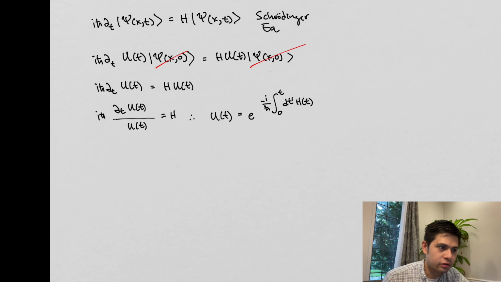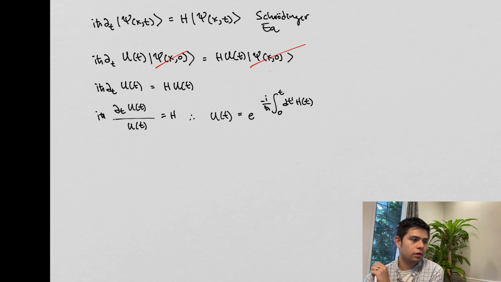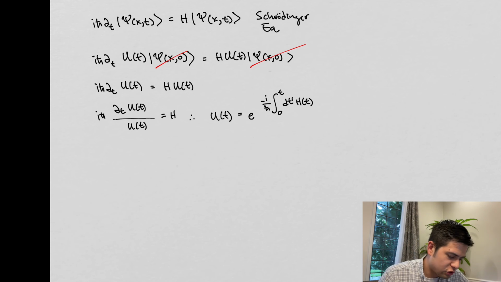And this is extremely, extremely important. The reason is that we won't check it, but you can plug this in to this and find out that what you'll get is h equals h.